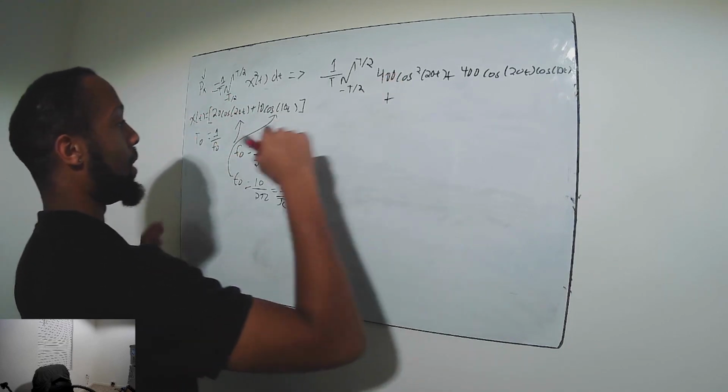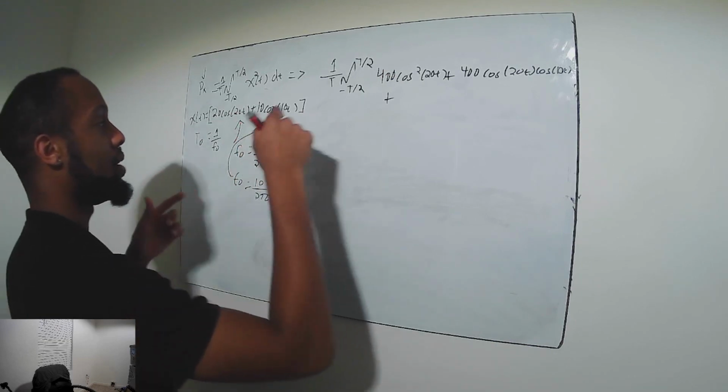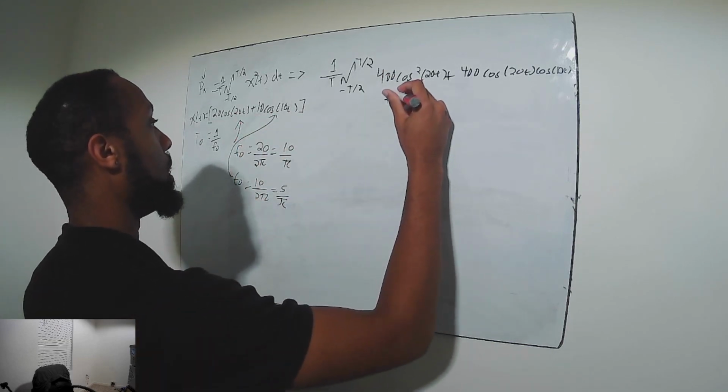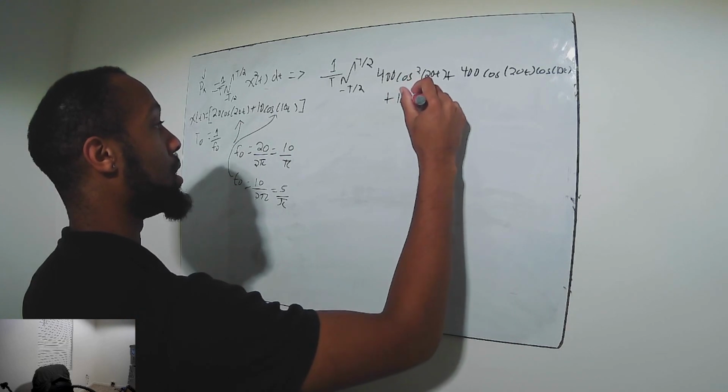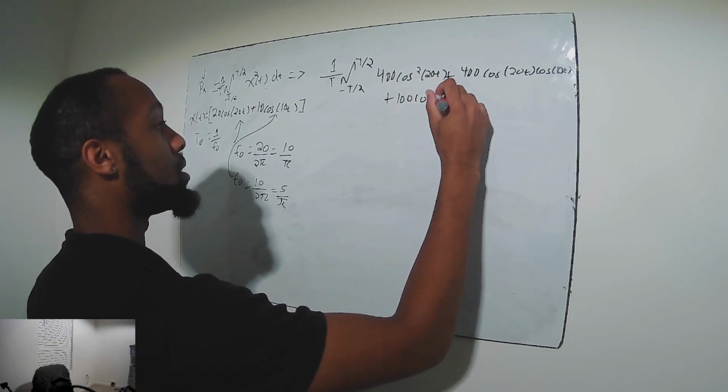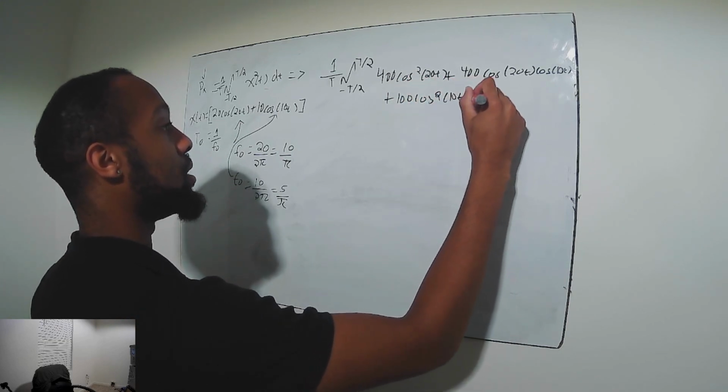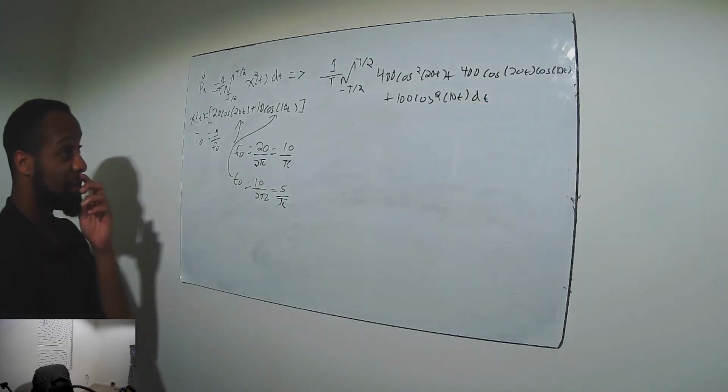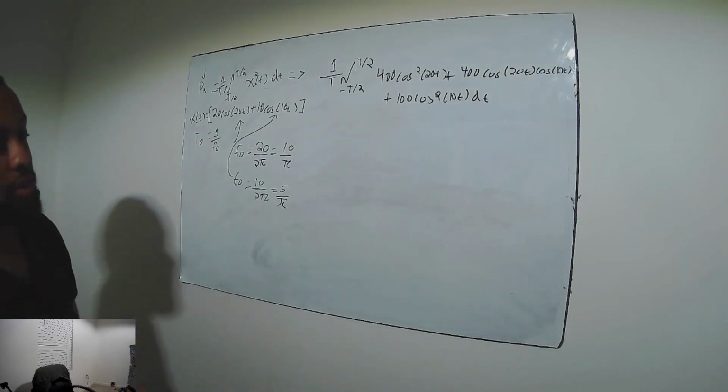And then we have the last term, which is 10 cosine multiplied by itself, so this is going to be 100 cosine squared 10t dt. You're probably looking at this like, this looks difficult, but it's not too bad.